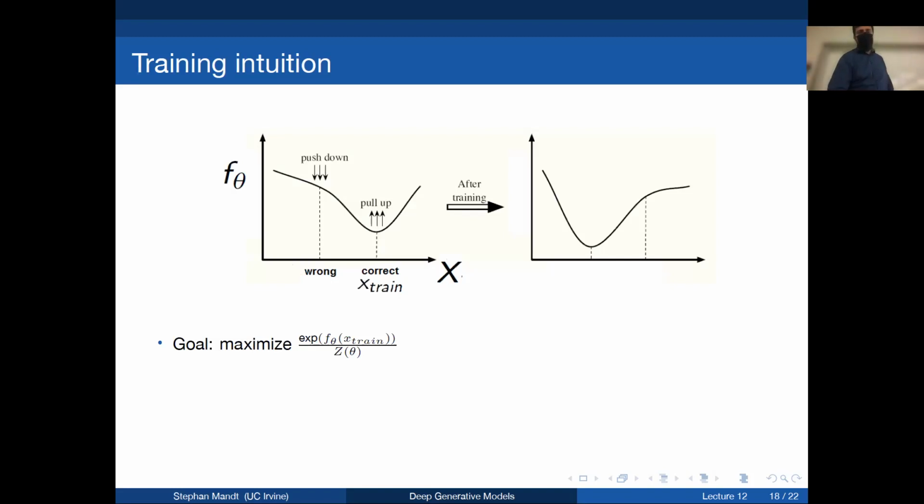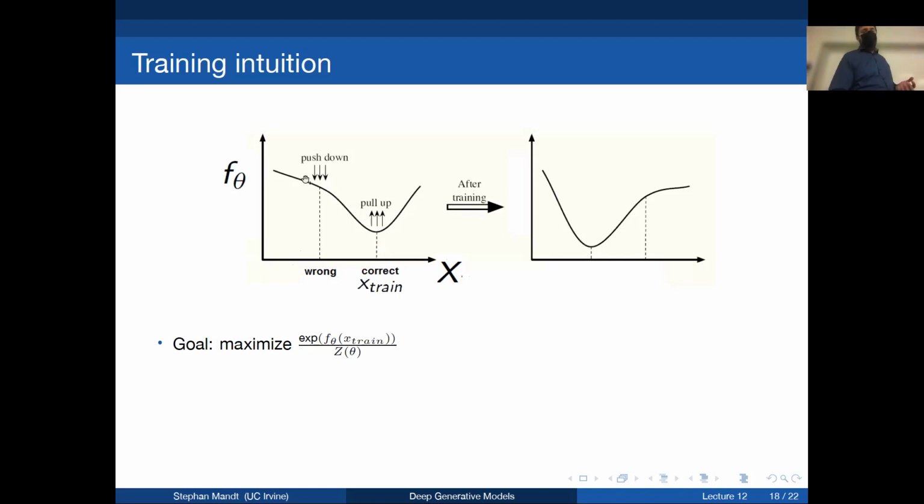Right? So x is our data input, and so f of x would be then some sort of function or some curve. Now, initially, when you initialize your model, typically it will assign the wrong likelihoods to training data, and maybe assign high likelihoods to other data that you don't want to train on.